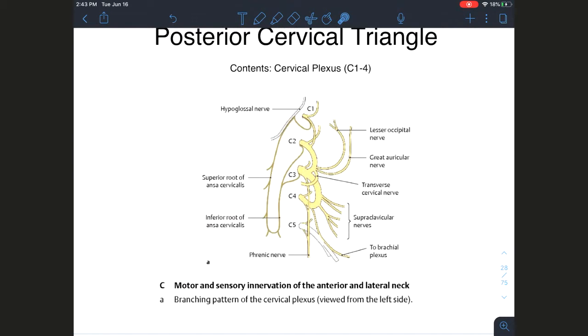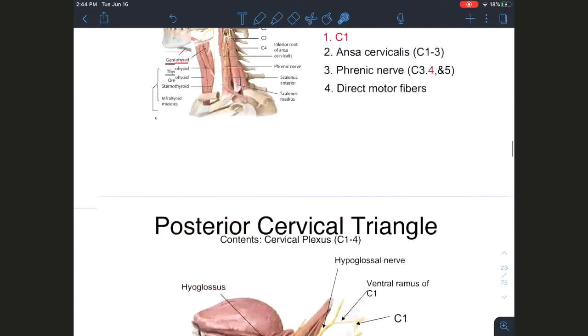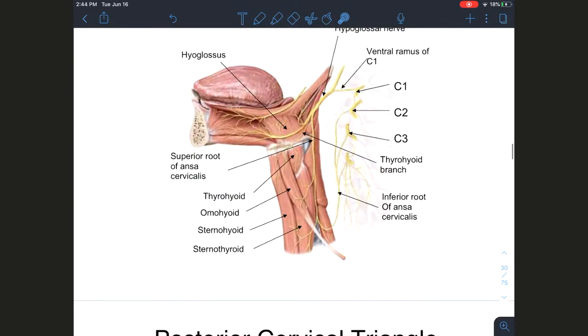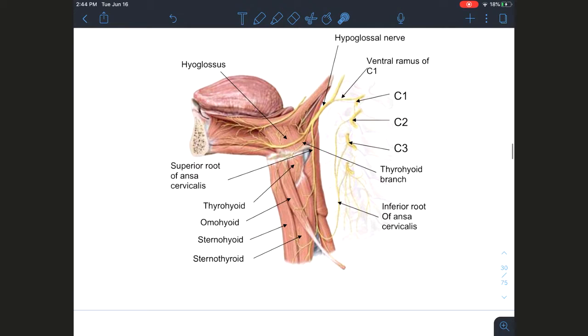So let's see what else I have here. Okay, can we go to the other picture, Aaron? Okay, so it's going to have an inferior root and a superior root.